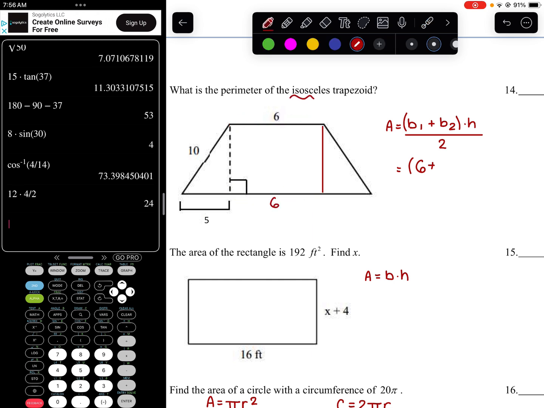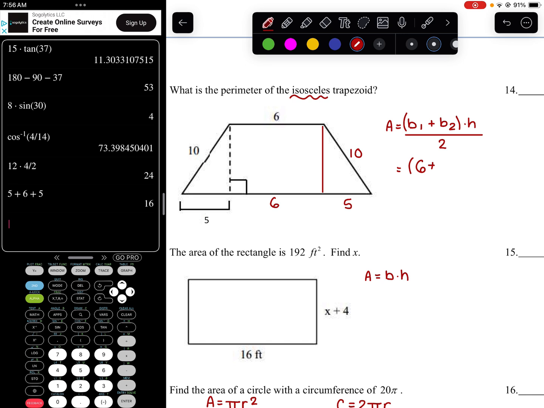And then because it's isosceles, meaning 2 equal sides, if this is 10, the right side is also 10. If this is 5, this chunk is also 5, which is why your top base is 6, and now we can get our bottom base by adding up all these numbers. 5 plus 6 plus 5 gives us an entire bottom base of 16.